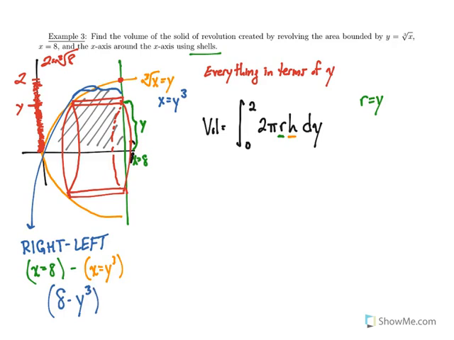For every y value from 0 to 2, it's going to give us a different height. At y equals 0, it should give us a height of 8. At y equals 2, it should give us a height of 0, or a length of 0, I should say, the height of the cylinder. And at anything in between, it's going to be 8 minus y cubed.